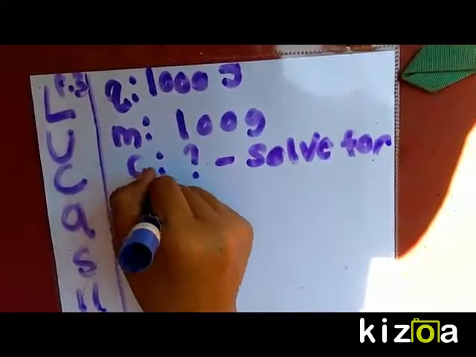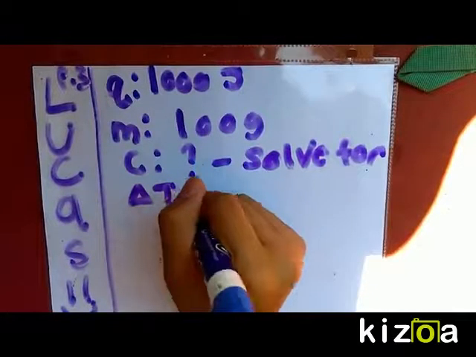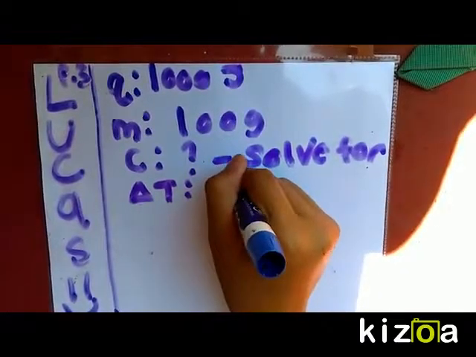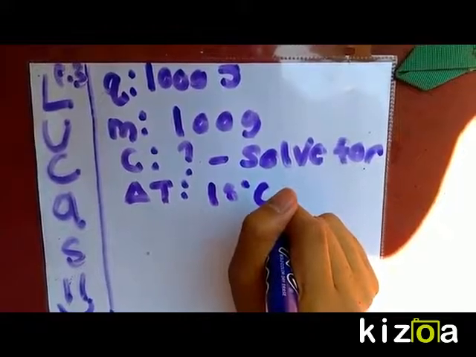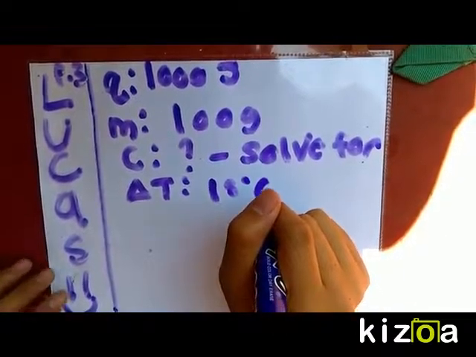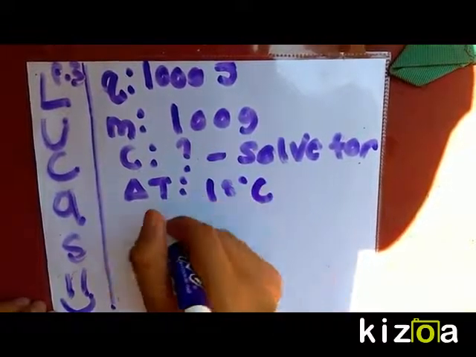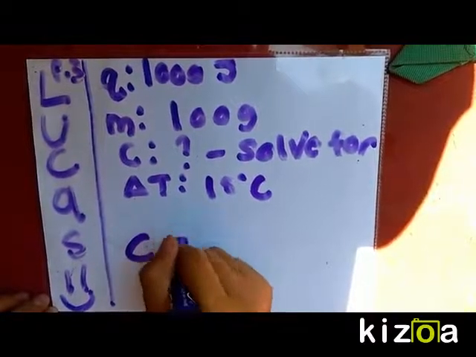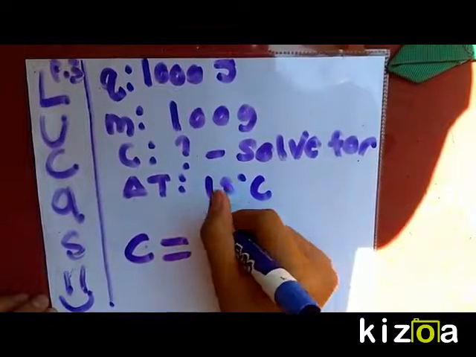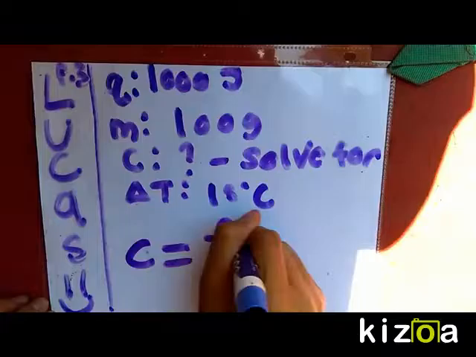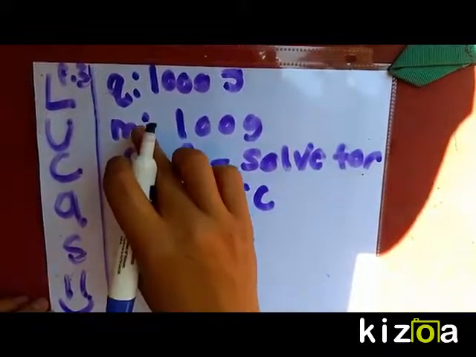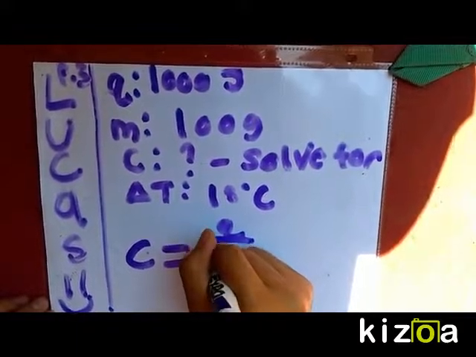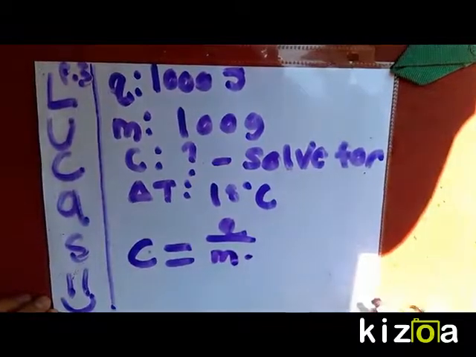And our triangle T was 15 degrees Celsius. For this one, we're going to solve for C, so we're going to write C equals, and then the joules. Whenever you have it like this, the joules is always going to be on top, and then it's going to be these two times each other. So M times triangle T.